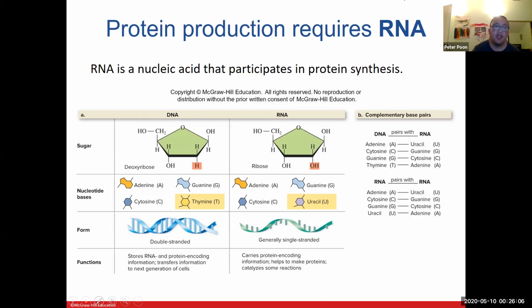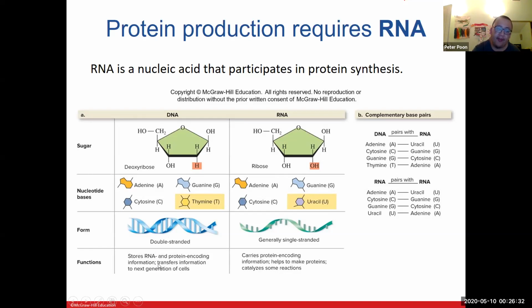Okay, so the next thing is the bases. In DNA, you have A's, C's, G's, and T's. In RNA, you have A's, C's, and G's, but you do not have a T. The T has been replaced by a uracil. DNA is double-stranded. RNA is usually single-stranded.